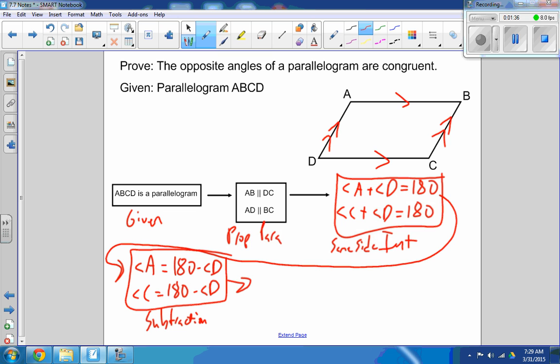And then a little substitution, and we get angle A equals angle C. So I showed that angle A is congruent to angle C, and then I can do the same process to show that B is congruent to D. And there we go. We just showed that opposite angles of a parallelogram are congruent.